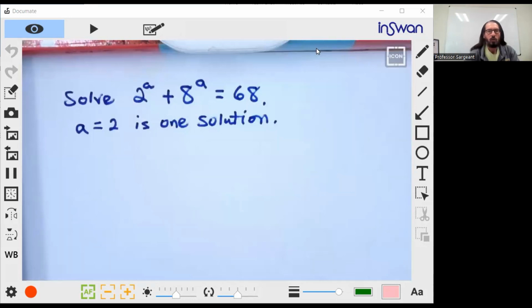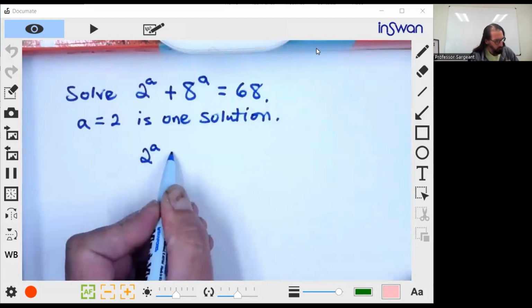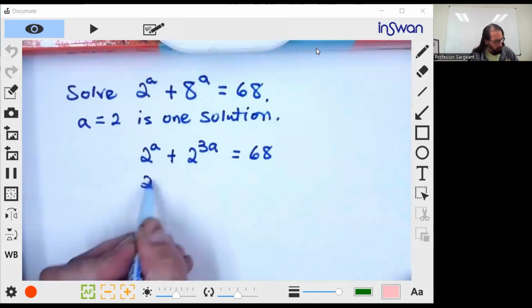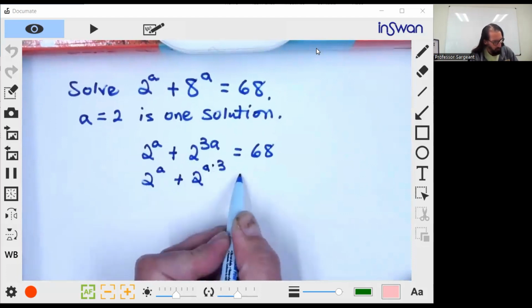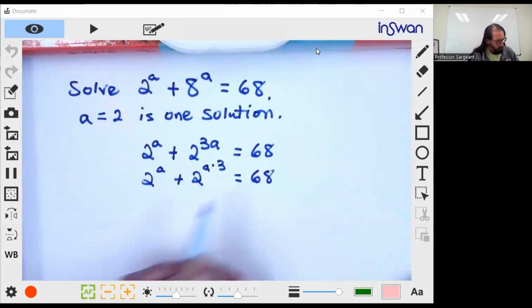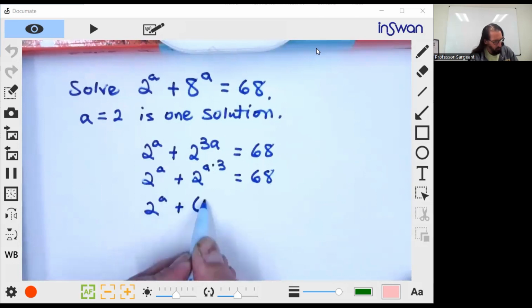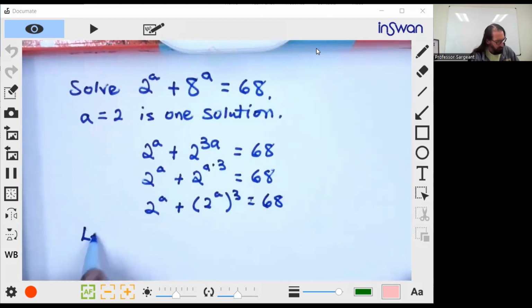Okay, but there's more to it. Now, the next thing that Super Academy did was to commute the multiplication there, and then using that same rule of exponents I mentioned a moment ago, you said let x equal 2 to the a.